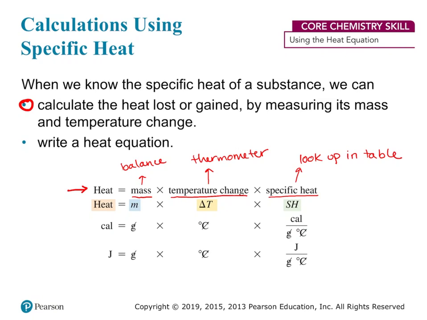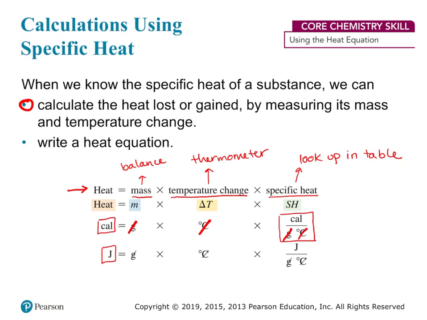Okay, so now remember there were two different units of energy that we saw, either calories or joules. Depending on what unit you're using for your specific heat, so let's say you look up a value in terms of calories per gram degree Celsius, then you're going to end up with units of calories because you'll notice grams cancel and degrees Celsius cancel.